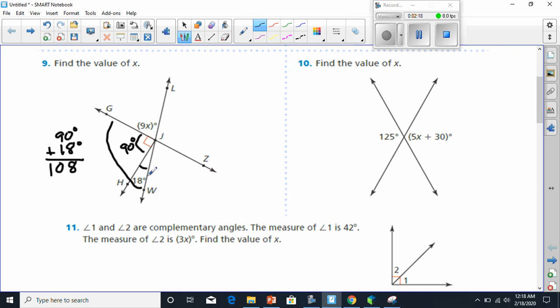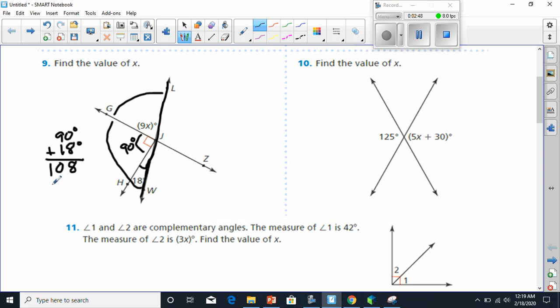That's very significant because now that we know this is 108 and we know every straight line is 180 degrees, we can look at the line that goes from L to W here. If that's 180 degrees, then we should be able to subtract this 90 plus 18 from 180 to find out what this angle is.